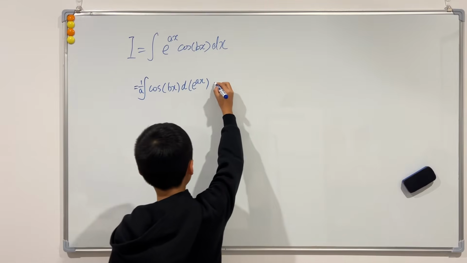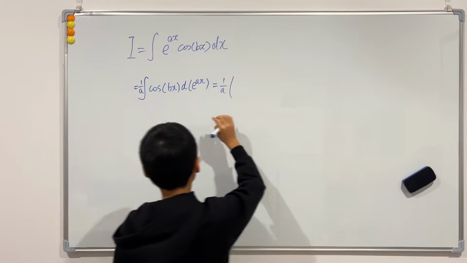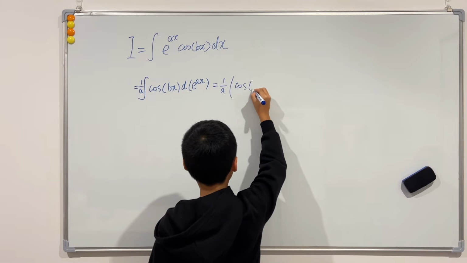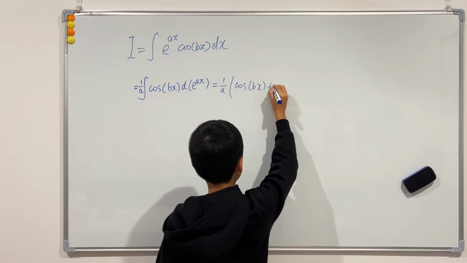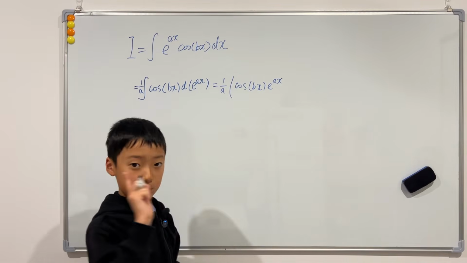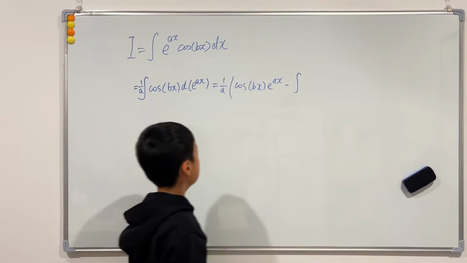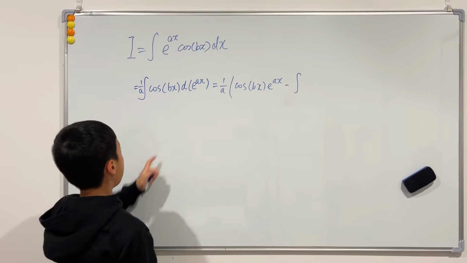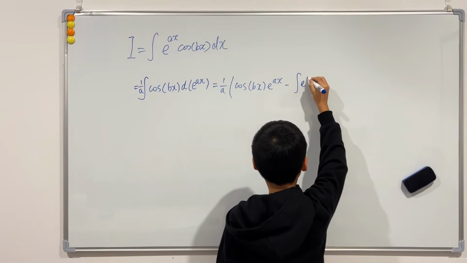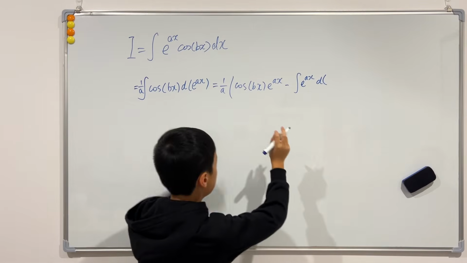So this is equal to 1 over a times this times that, which is cosine of bx e to the ax. And then we have to subtract the integral. This multiplied by the derivative of this. So e to the ax multiplied by the derivative of cosine bx.